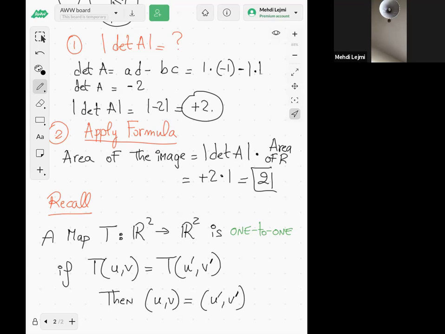So what I'm saying here, guys, is that if two points have the same image, it means that the two points are the same. They must be equal.